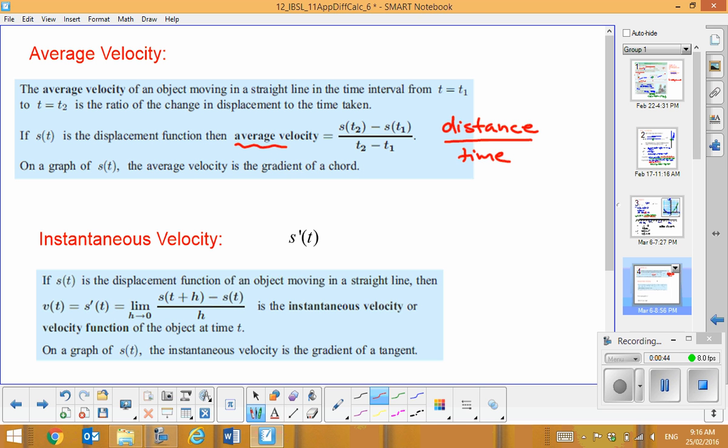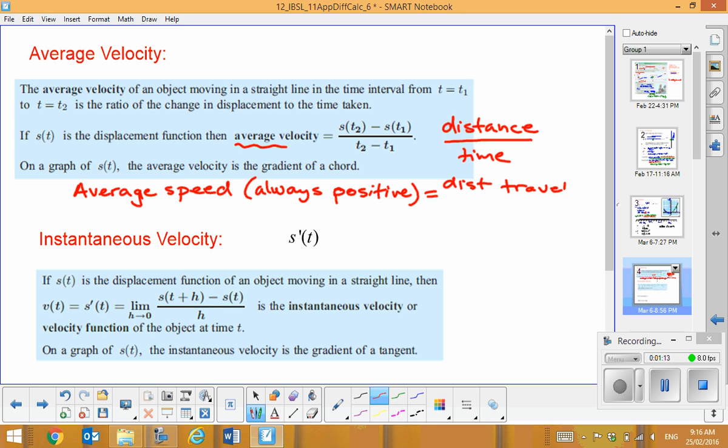In middle school, up to year 10, you would have done average speed, and you would have done distance as something always positive over time. So average speed is always positive, because you've done distance travelled over time.